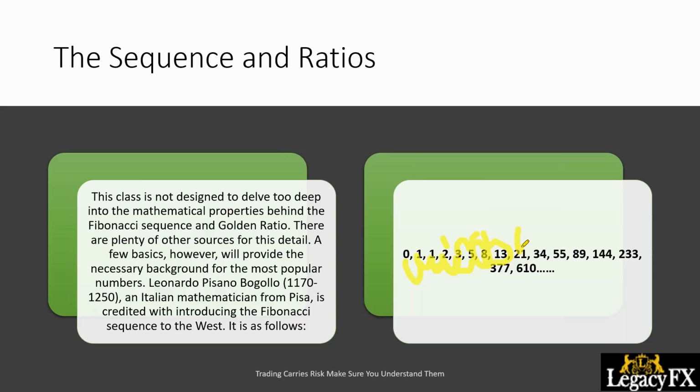There's never a difference. 0, 1, 1 plus 1 is 1, or 0 plus 1 is 1, 1 plus 1 is 2, 1 plus 2 is 3, and so on and so on and so forth. So this gives us the Fibonacci sequence.